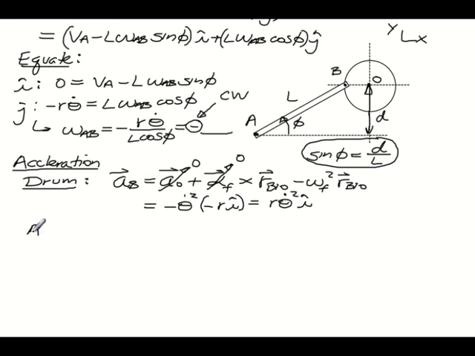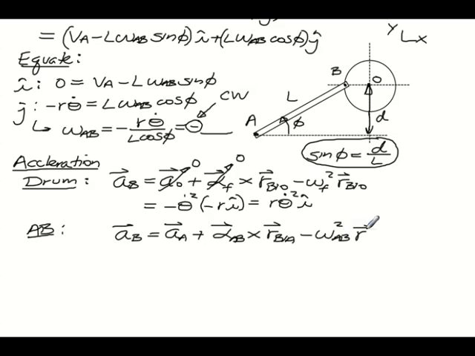Now we look at coupler AB. We say the acceleration of B, I can write that in terms of the acceleration of the other end, A, plus alpha AB crossed with the vector which goes from A to B, minus omega AB squared, R B with respect to A. A sub A, we don't know what that is, but we do know that it's only in the X. So this is A sub A i.